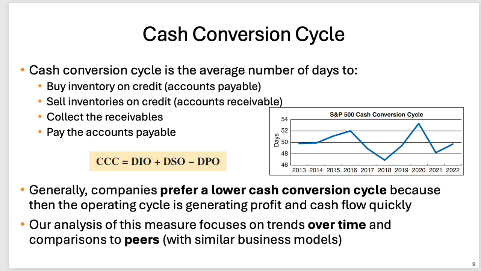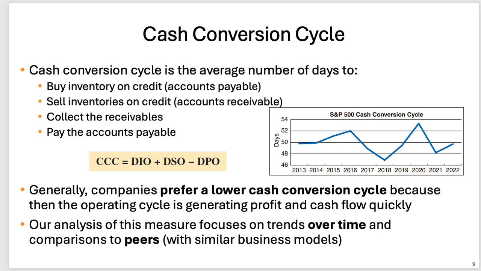Then you are selling your inventories, oftentimes also on credit, which then becomes an accounts receivable. Then, somewhere along the way, you are hoping to collect your receivables sooner rather than later, and eventually you've got to pay your vendors. You have to pay your accounts payable, and of course, from your perspective, you would like to pay those as late as possible and not tick off your vendors, or worse, go into default with them.